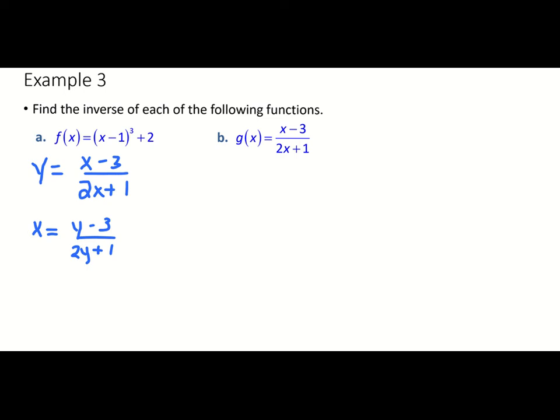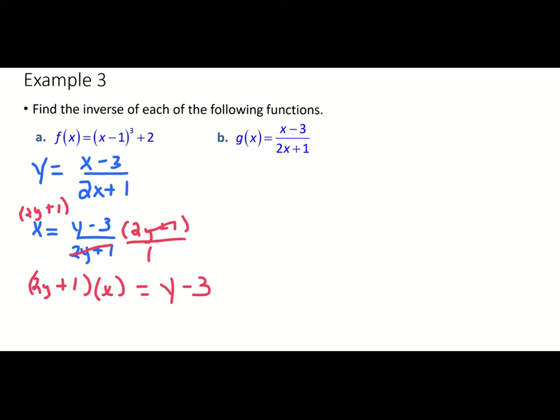To get rid of it, I'm going to multiply both sides by 2y plus 1, my common denominator. So that is going to give me 2y plus 1 times x is equal to, and over here on this side, remember they cancel out, so it's equal to y minus 3.